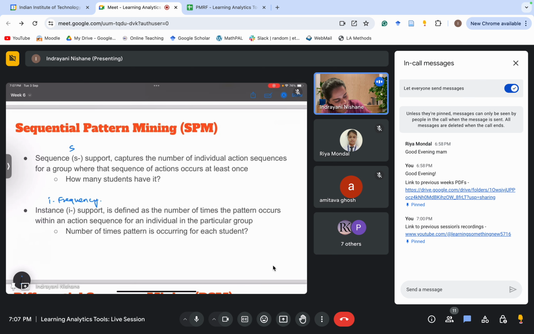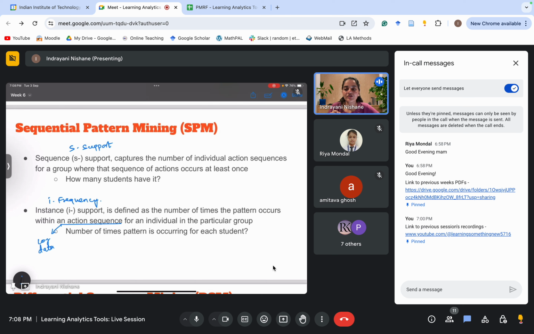It is also called S support. And I frequency is defined as the number of times that pattern occurs within that action sequence. That action sequence is nothing but our log data. So in the log data of a student, how many times is that pattern occurring?